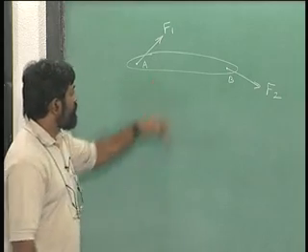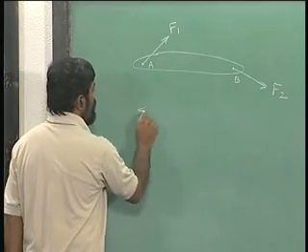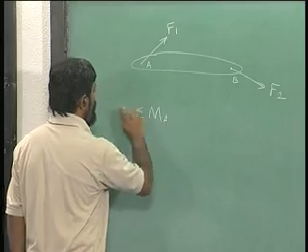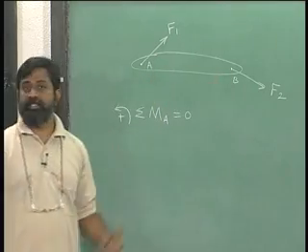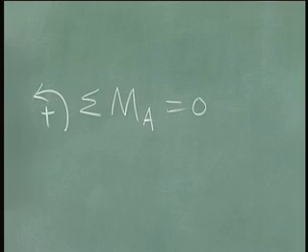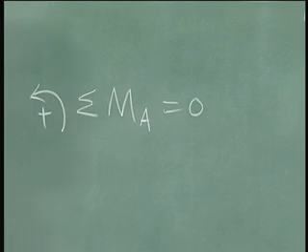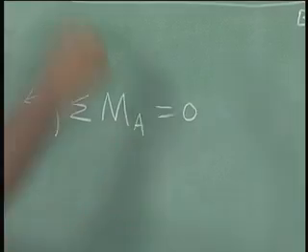So, in this particular case, let us say moment about A is equal to 0 if this has to be stationary. Then what do we get here?